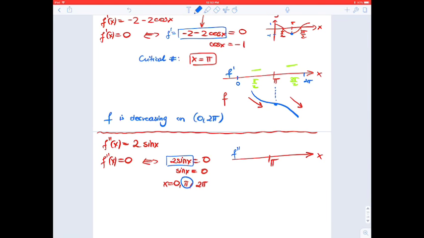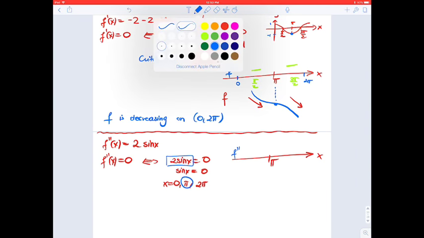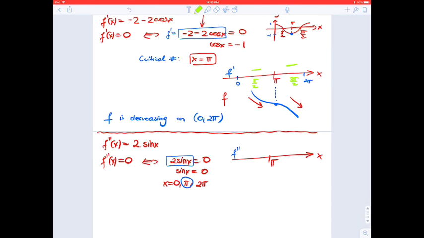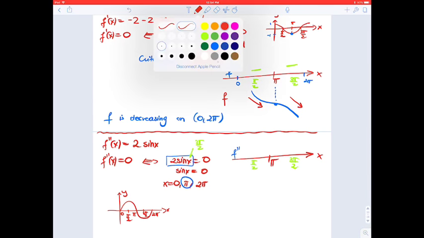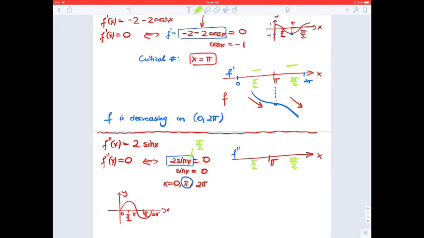On my number line, pi is the possible inflection point, and let's test the sign of the second derivative. That's my second derivative. And I can pick any values. Again, I will pick 3 pi over 2 and pi over 2 because those are good numbers. Substituting 3 pi over 2, we know how the sine function looks. 0, pi, 2 pi, pi over 2, 3 pi over 2, x and y.